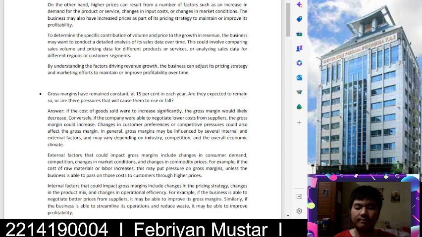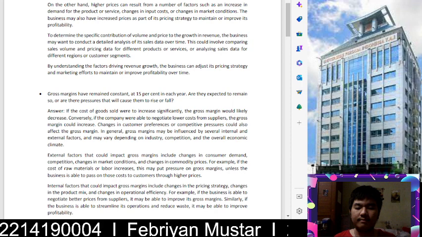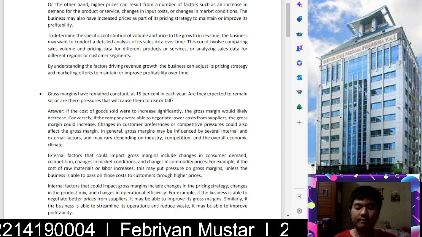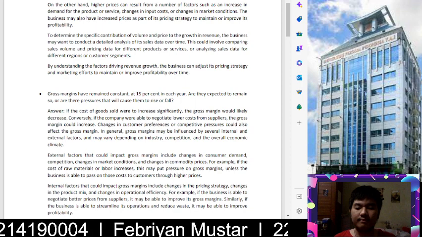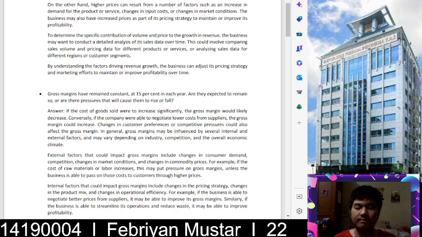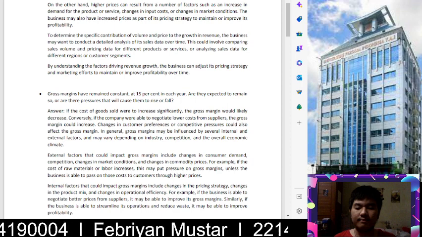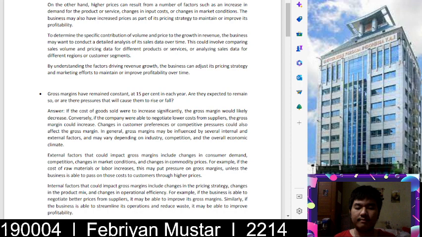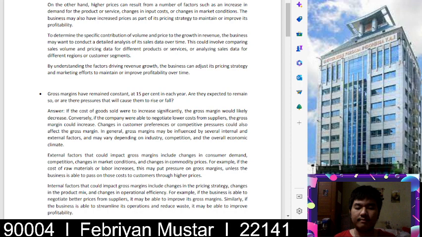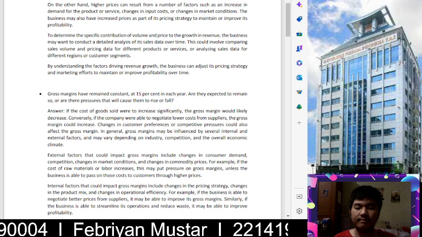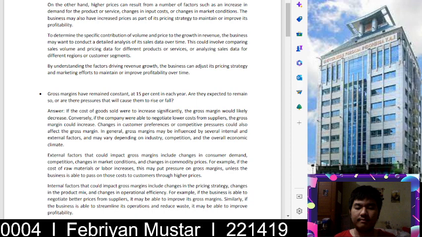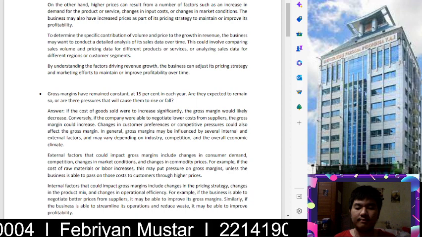The answer: if the cost of goods sold were to increase significantly, the gross margin would likely decrease. Conversely, if the company were able to negotiate lower costs from suppliers, gross margin could increase.